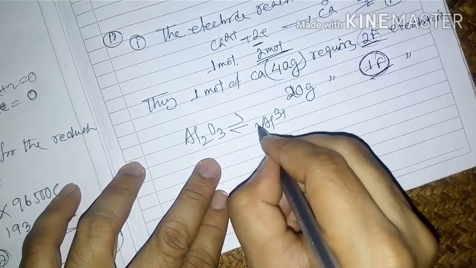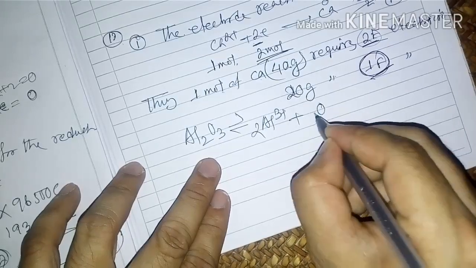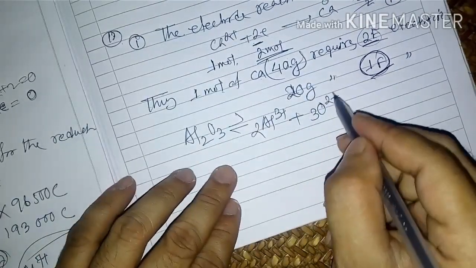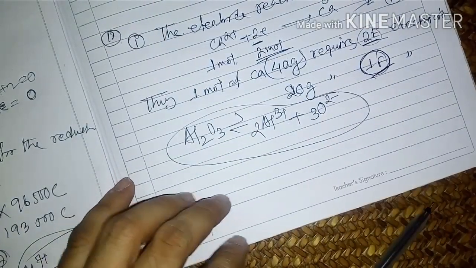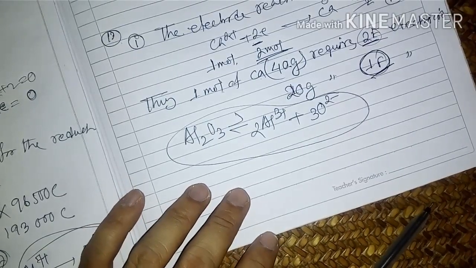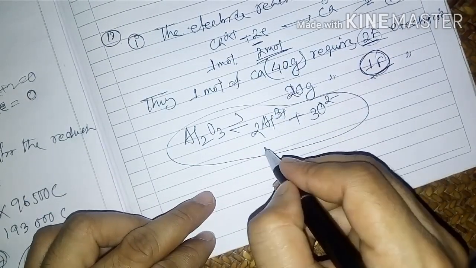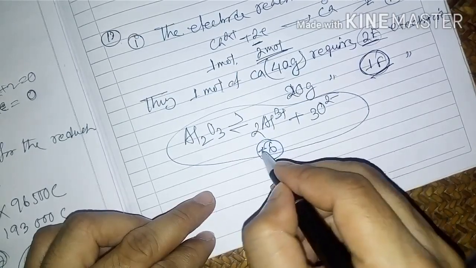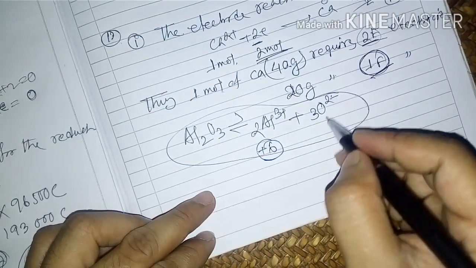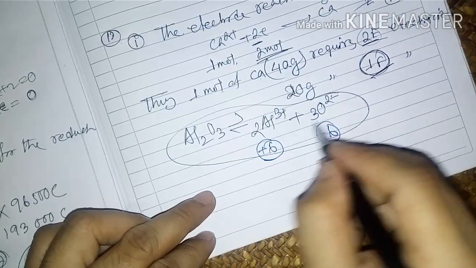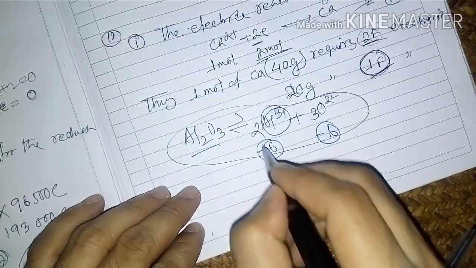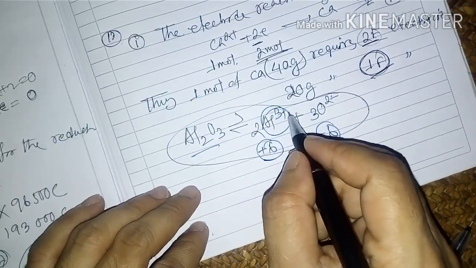Al2O3 splits into 2 Al3+ plus 3 O2-. This is the splitting pattern. 3 times 2 is 6, so plus 6 charge, and 3 times 2 is 6, minus 6, so they balance. This one is aluminum 3+.